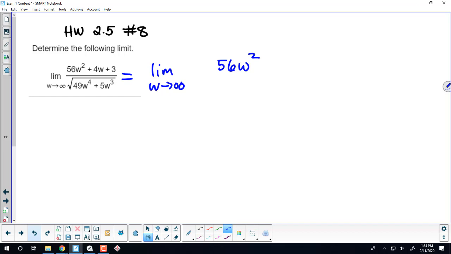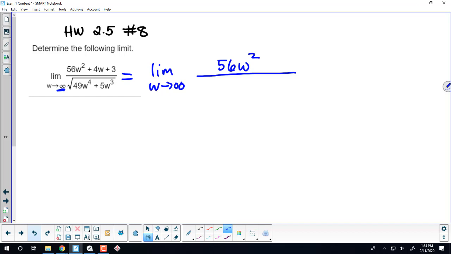Leading term on the top, and again, we're doing this because we're approaching infinity, divided by the leading term on the bottom. Well, what's the leading term on the bottom? Yeah, the square root of 49w to the 4th.